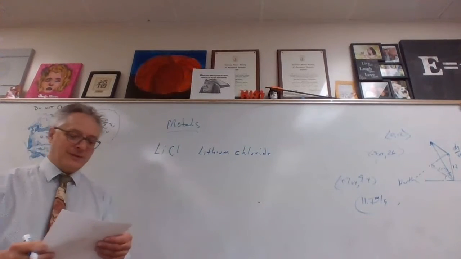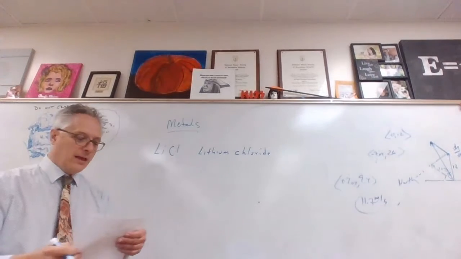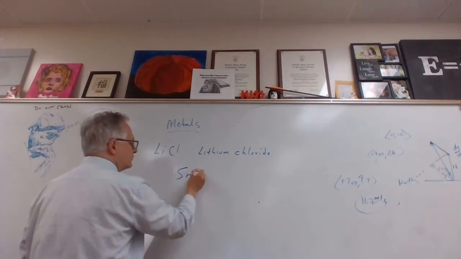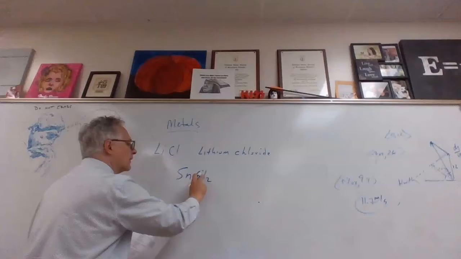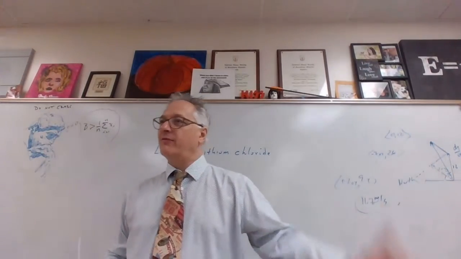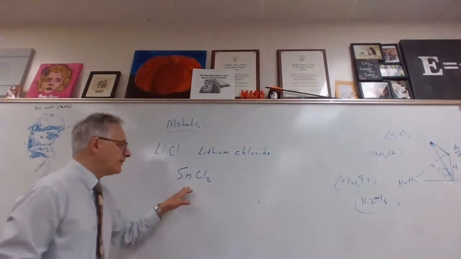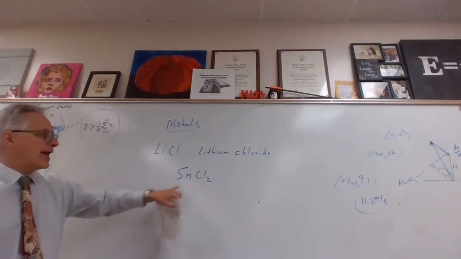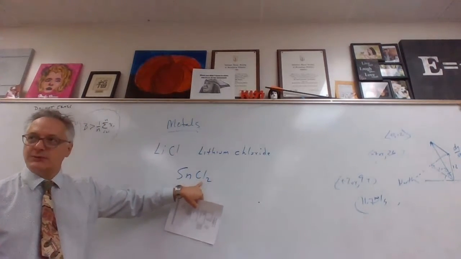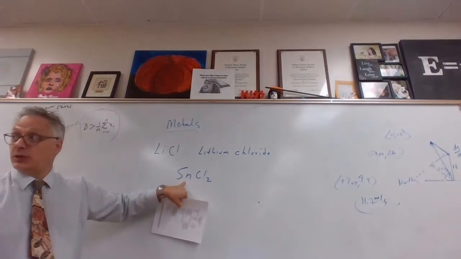Let's take a look at some that might be a little bit more challenging. This is an interesting one: SnCl2. Now Sn is tin, and that's one of those ones that I said could have more than one charge. So if I have to write the name, I have 2 chlorides. Each one's a -1, so that has to be a +2.